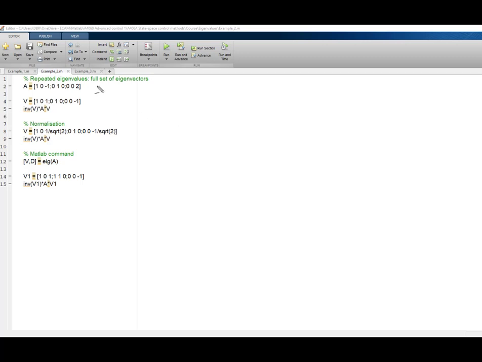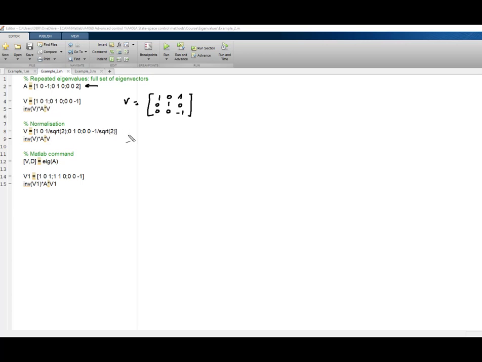So this is the matrix. This is the matrix V that we had obtained: 1 0 0, 0 1 0, and then the last one was 1 0 -1. Okay, so if you compute the inverse of V times A times V, you'll obtain the diagonal form.